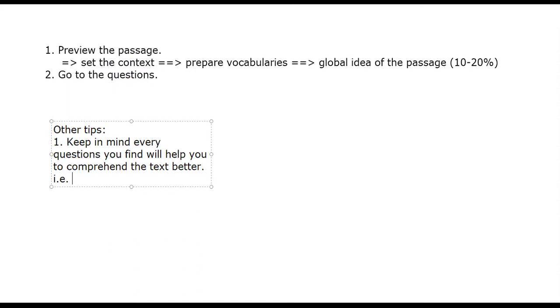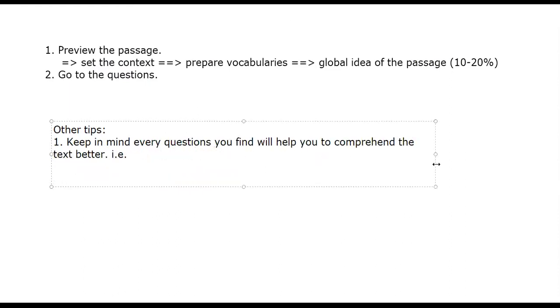If you have already answered the first 3 to 5 questions, for example, it means that you have more information about the text to help you answer the rest of the questions. Usually, not always, the most difficult questions will be put in the last sections of the reading.